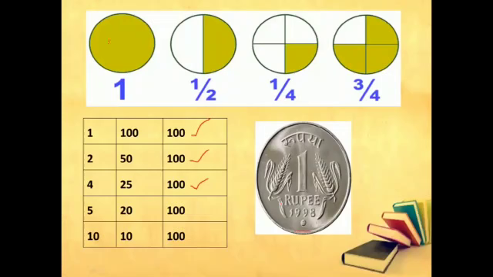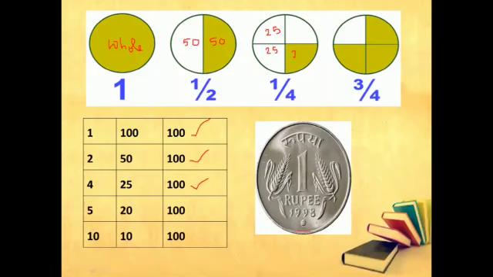1, this is whole. Whole means 100 paise. This is half. So if you want to take one part, this is 50 and 50. So it is half. 1/4: 25, 25, 25 and 25.